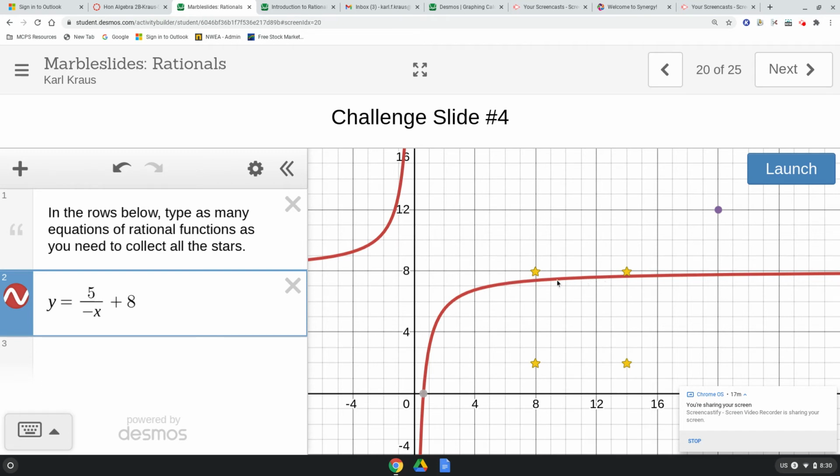But I want to break this off somewhere so I can make a different rational function that goes down this way. So let's restrict the domain here. X is less than 7.